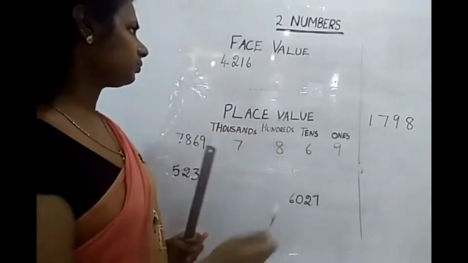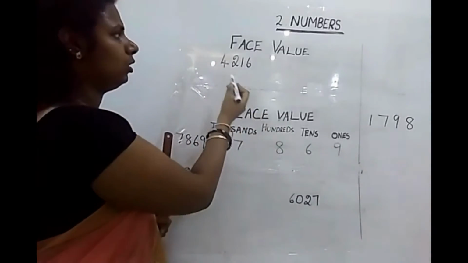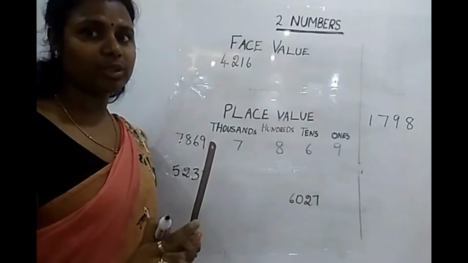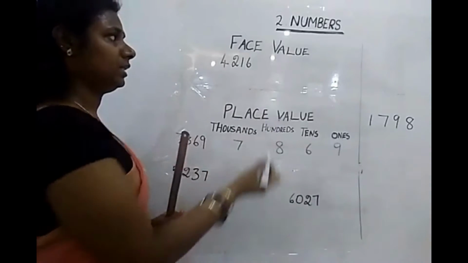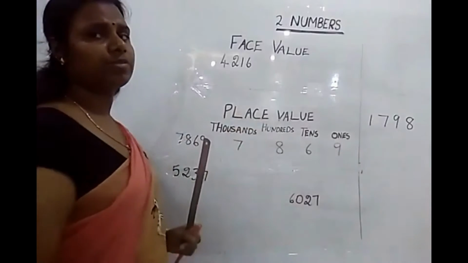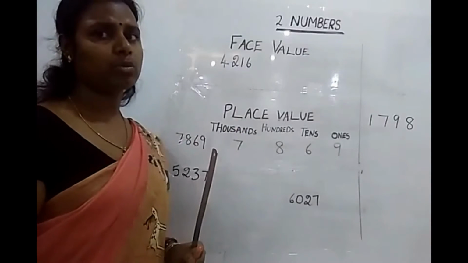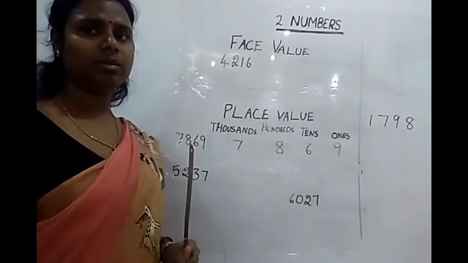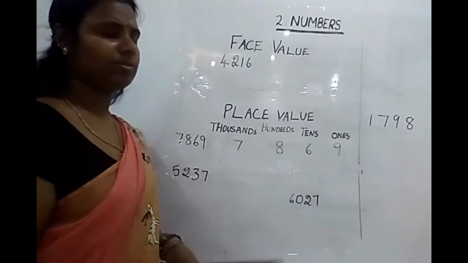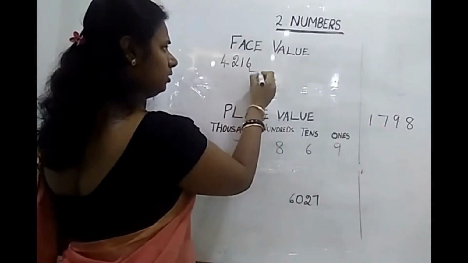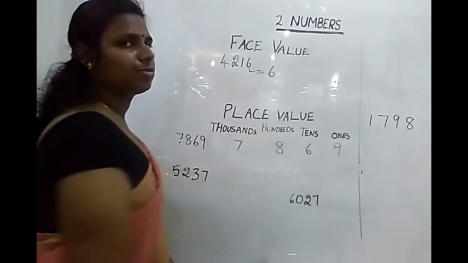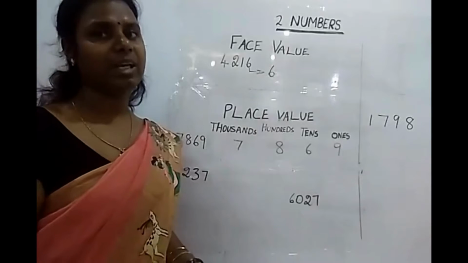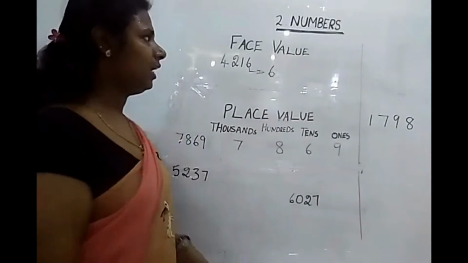Now see here, one number I gave you, 4216. What is the face value of 6 in 4216? By looking at this number, what do you say? That is 6. The face value of 6 is 6.